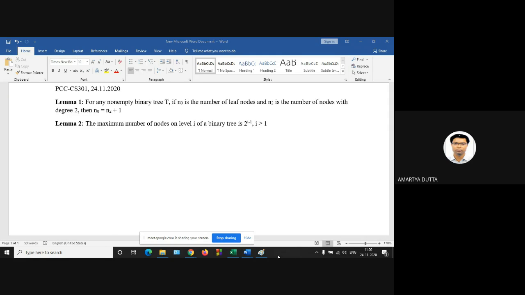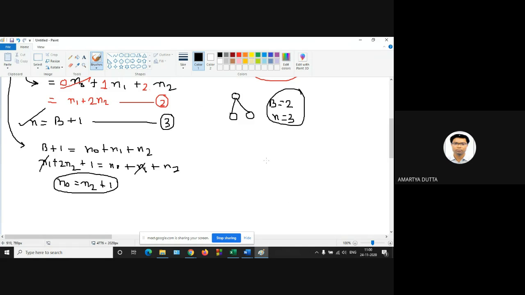So this is a binary tree. Here it is given that you have to start the level from 1.